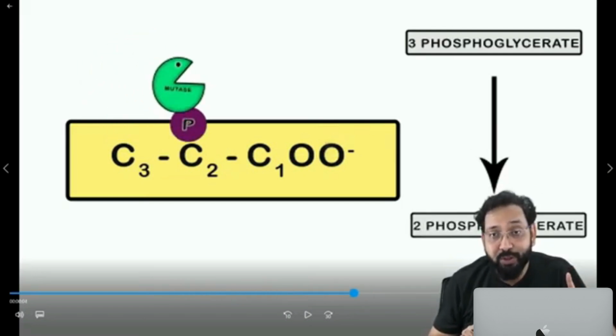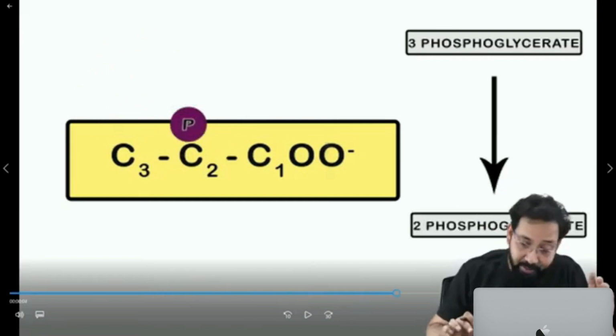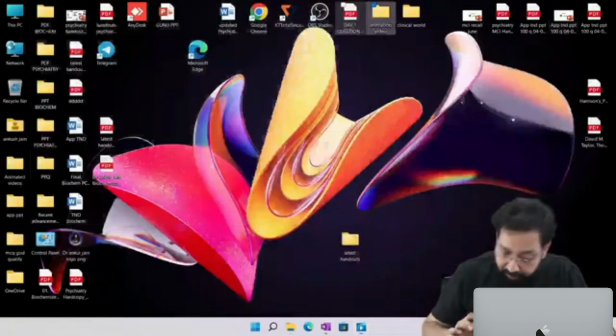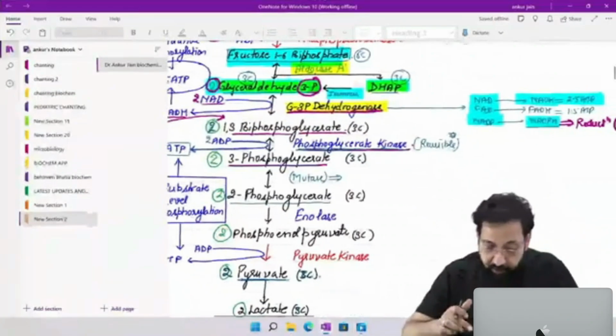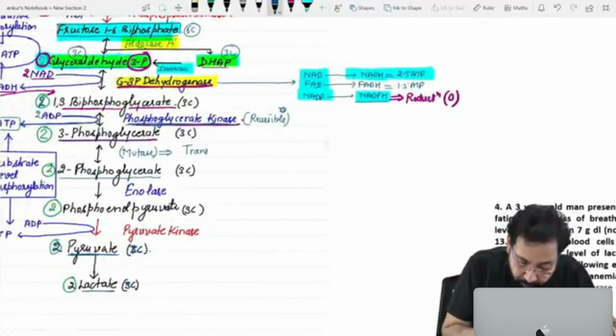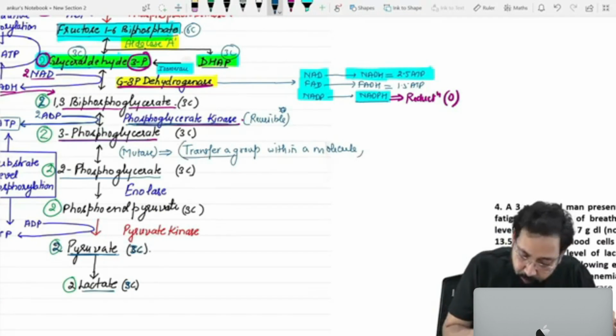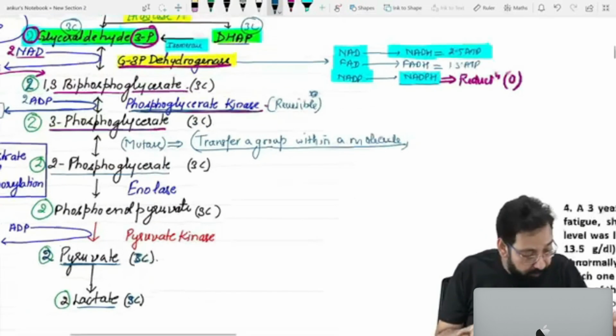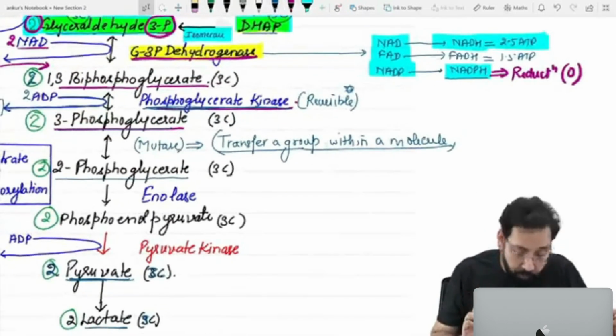So the definition question: mutase transfers a group within a molecule.